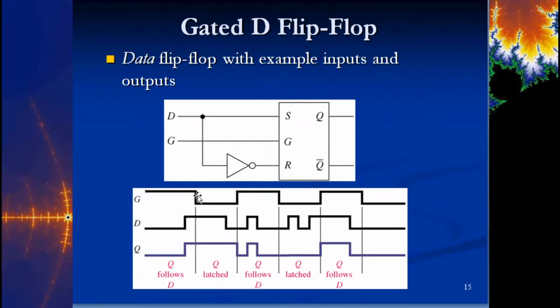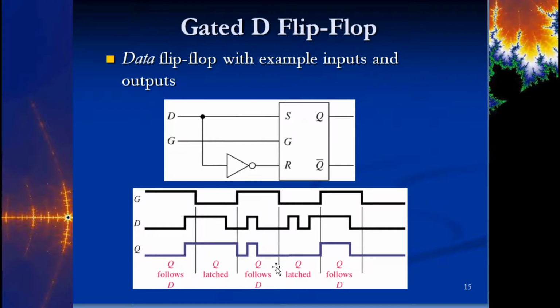Wherever Q was when the gate latches down, that's what remains. Now notice D also stays high, but it goes low right here, and there's no response on the output because we're latched in. Now the gate goes high again, and Q follows D. So whatever D is doing now, we pick back up where we left off and mimic it until the gate goes back low, and we latch in.